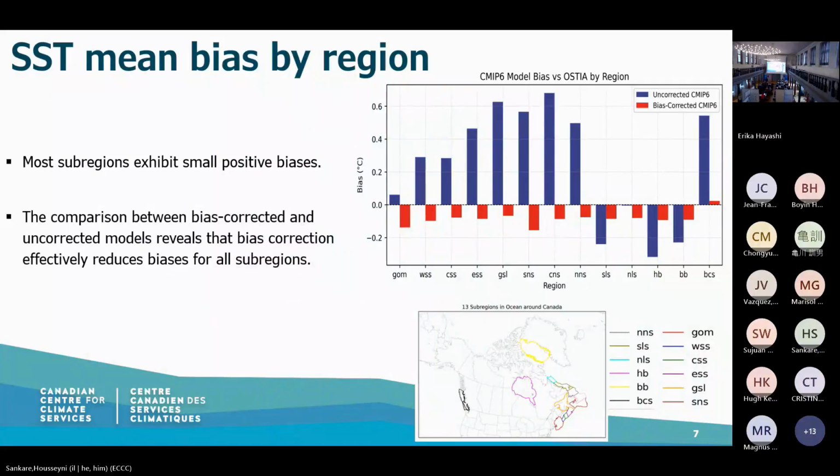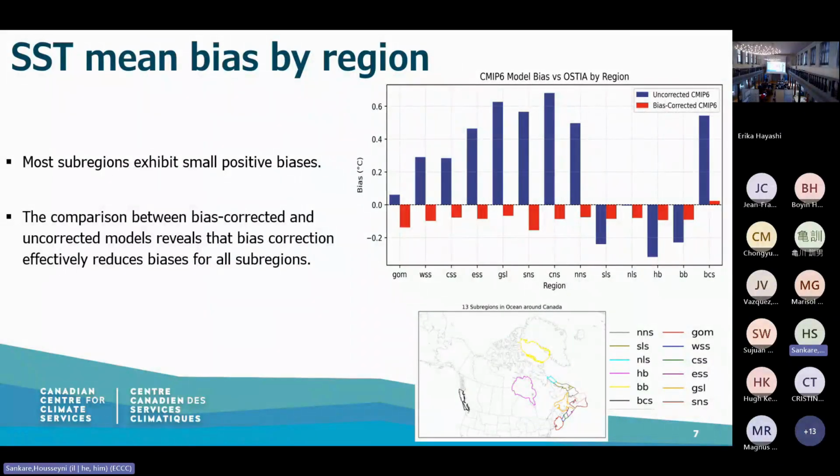We see two sets of values: in blue, the unadjusted raw model outputs, and in red, the bias-adjusted output. This allows a direct comparison of model performance before and after the bias correction.